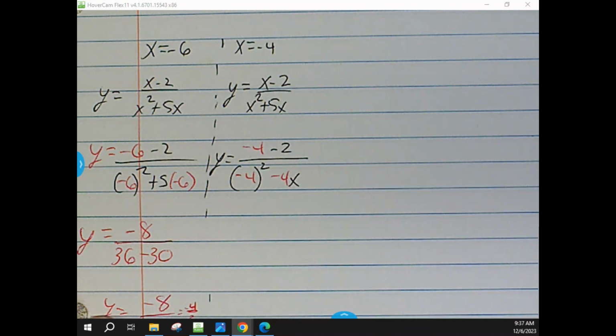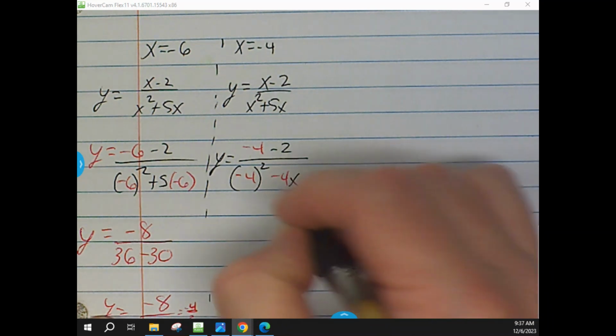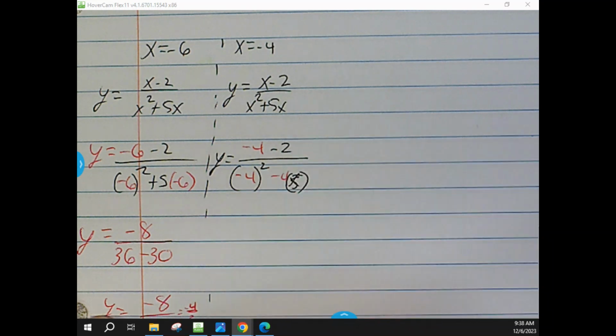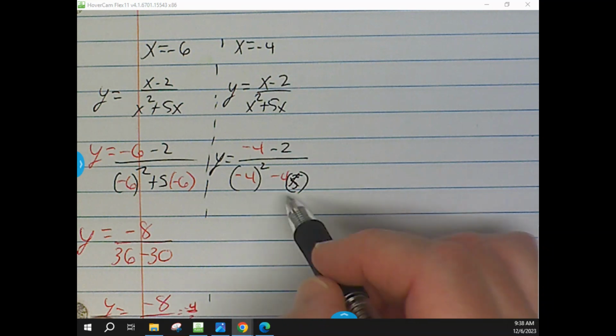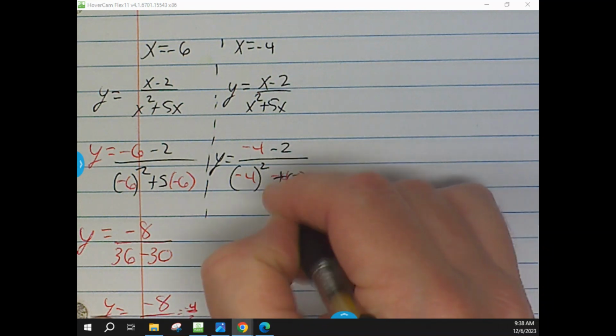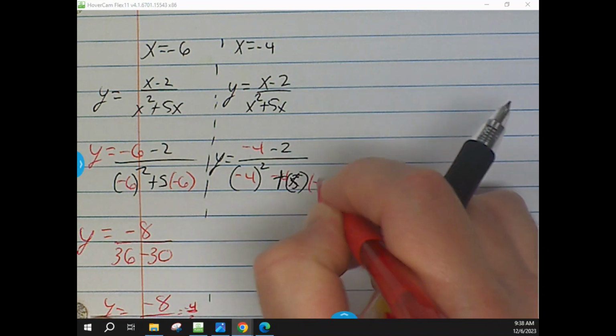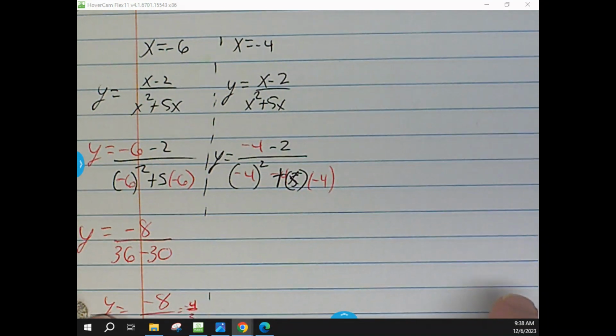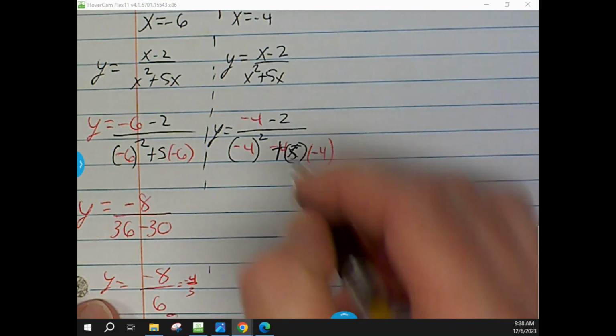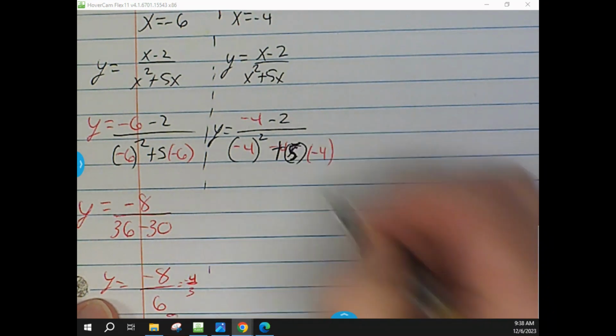Oh, sorry, there's supposed to be a 5 there. So we've got -4 minus 2 over -4 squared plus 5 times -4. This is the tedious part.